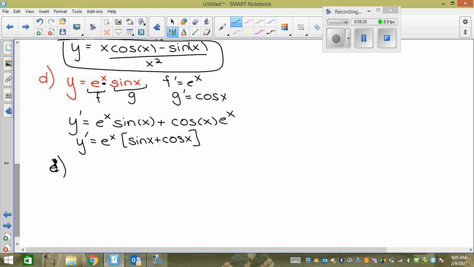All right. f of x equals x squared cos x. I'm multiplying them.